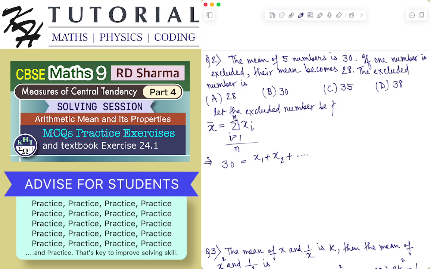Let's say p. So the sum of all the observations is x1 plus x2, somewhere there will be p, up to x5, divided by 5.